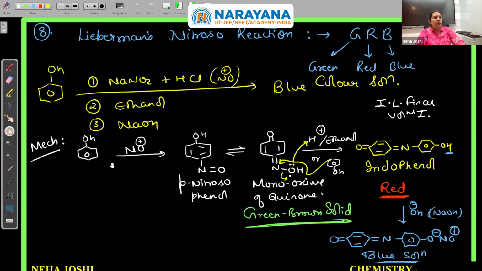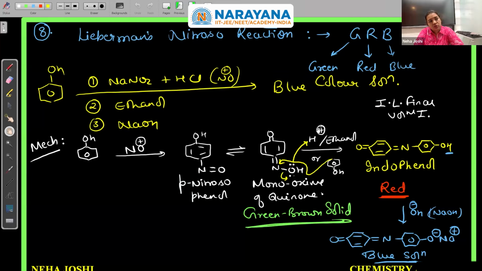Now, on the way, there was red, which is finally converted to blue. So let us see. First, phenol with NO plus, para-nitrosophenol is formed, and it can tautomerize to the monooxime of quinone. This is a green brown solid. Military green color it has.